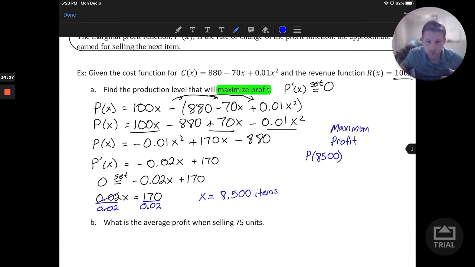If you go and do that in this question, P of 8,500, our projected profit here, that is the maximum profit for this business, would be $721,620. So that would be our maximum profit in this case.